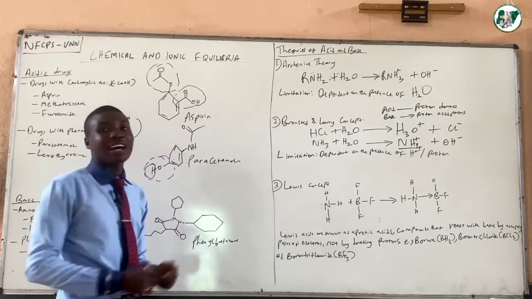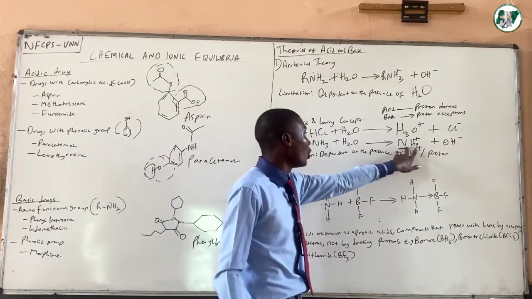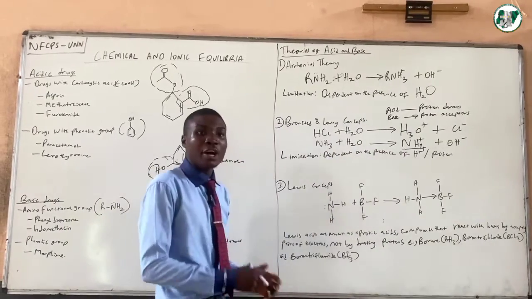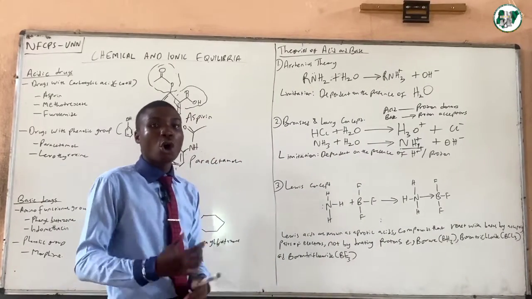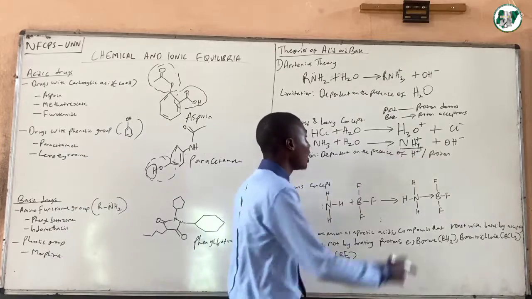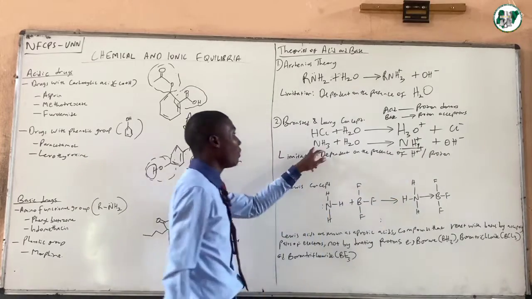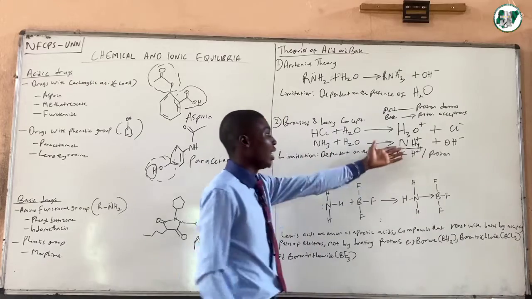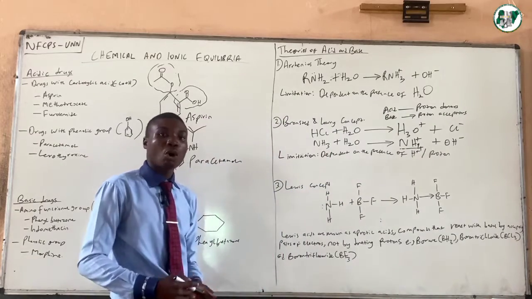Meanwhile, if you look at the reverse reaction, where ammonium ion is converted back to ammonia, you see that there's a loss of proton. By reason of losing a proton to form ammonia, in the opposite case ammonium remains the acid and ammonia is now called the conjugate base.